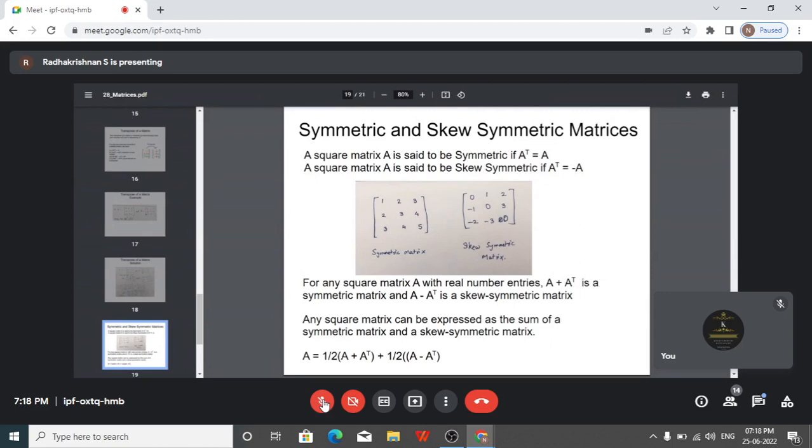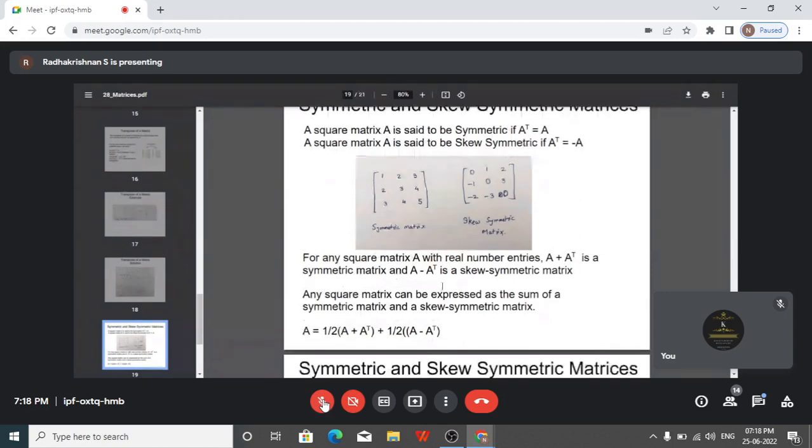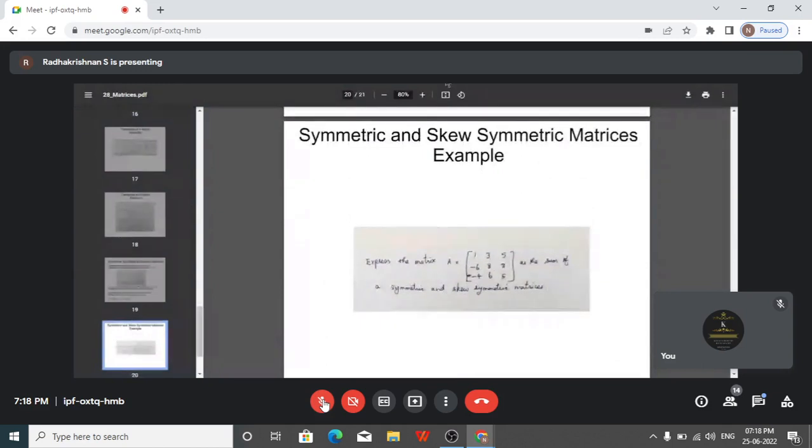So we'll do a problem for this. If there is a matrix given as 1, 3, 5, minus 6, 8, 3, and minus 4, 6, 5.